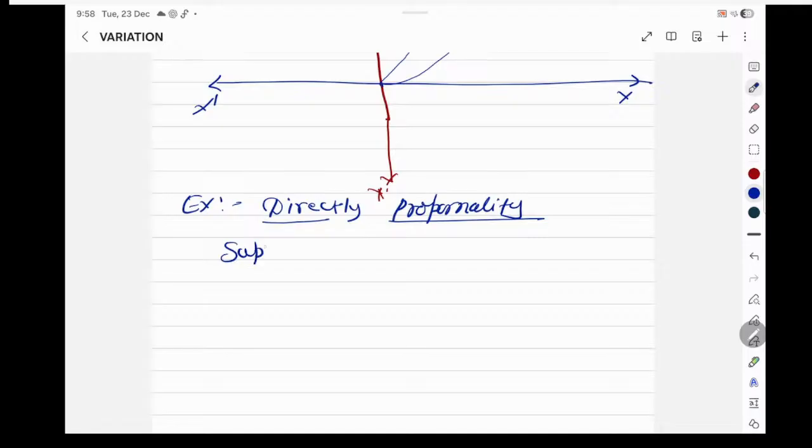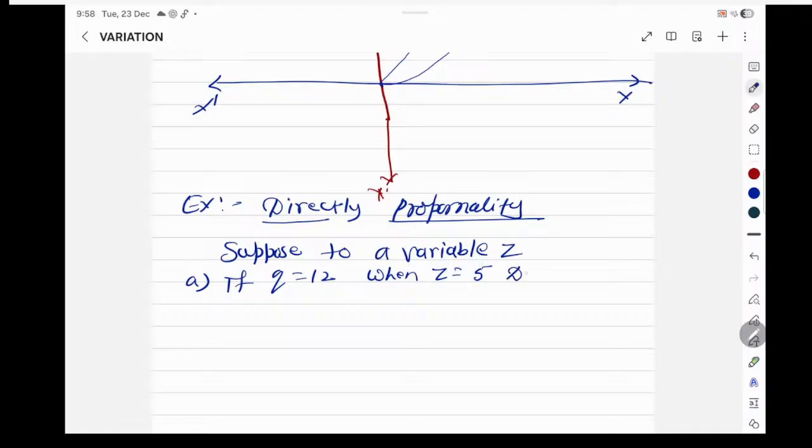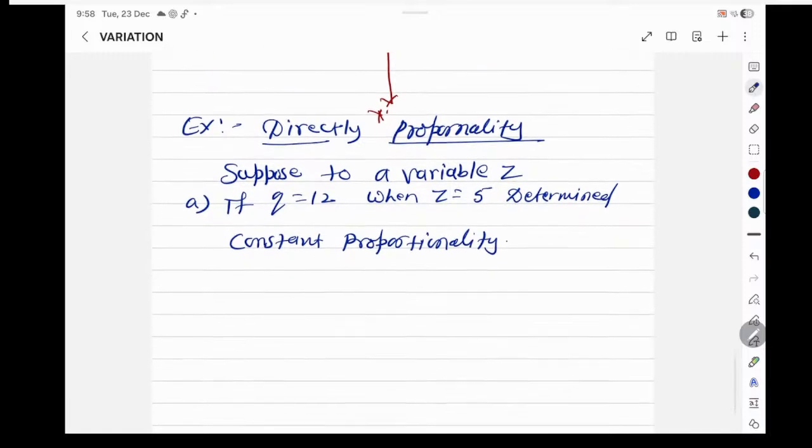Suppose a variable q is directly proportional to a variable g. The first question says: if q is equal to 12 when g is equal to 5, determine the constant of proportionality.